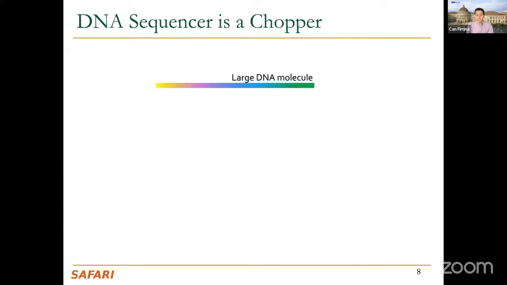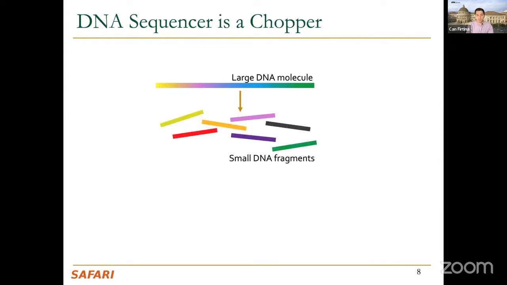So essentially, a DNA sequencer is a chopper. It's not that the sequencer itself is chopping the DNA, but it requires the chopped DNA, because of how we usually prepare the libraries.